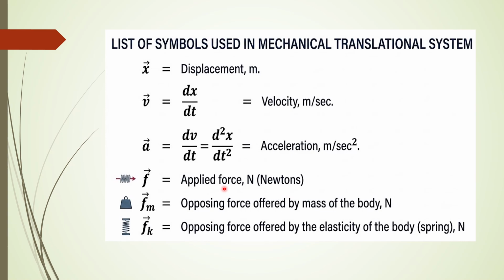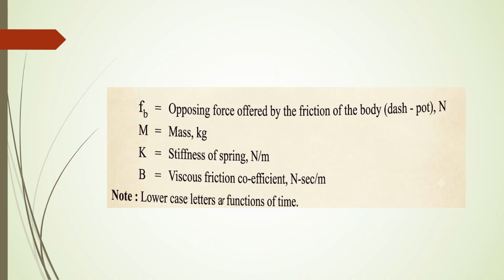F is the applied force, Fm is the opposing force offered by the mass of the body, Fk is the opposing force offered by the elasticity of the body called spring, and Fb is the opposing force offered by the friction of the body called dashpot. As I told you, m is the mass in kg, k is the stiffness of the spring, b is the viscous friction coefficient.